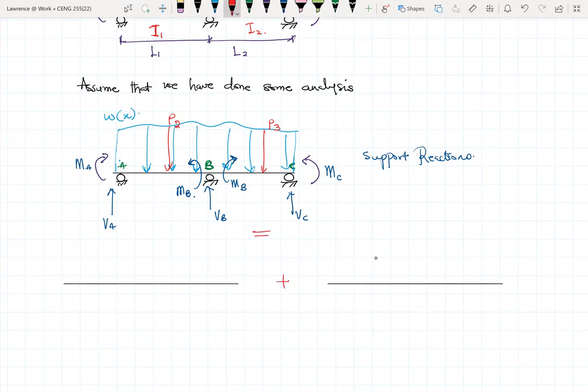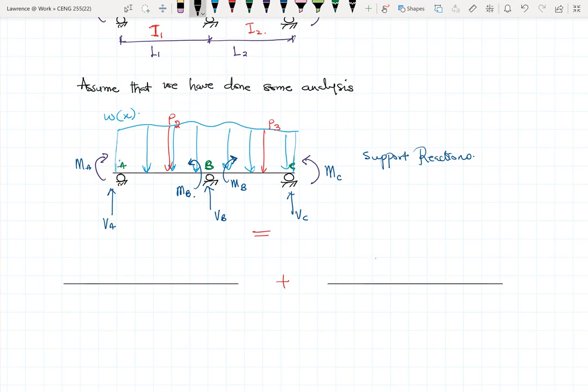All right. So we're using the principle of superposition, whereby if you are given a problem which is large, you could break it into parts, solve for the different parts, and then sum them up together at the end. Okay.